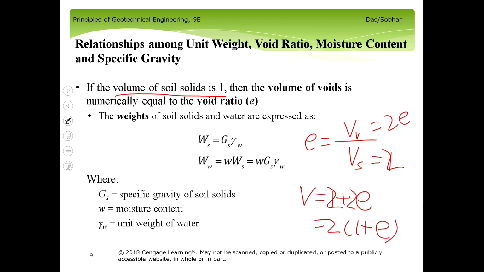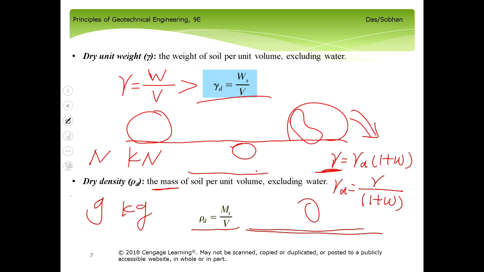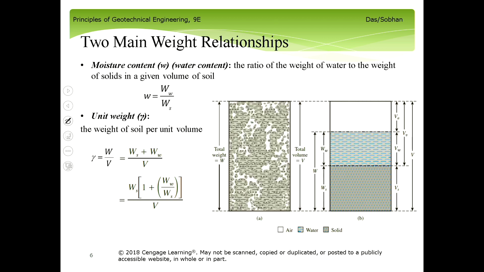So why do we ignore this number here? We can actually use 1. So we consider the volume of soil solids to be 1, which simplifies the equations and relationships here. For example, if Vs equals 1, then Vv is the void ratio, right? So the total volume is 1 plus the void ratio, e.